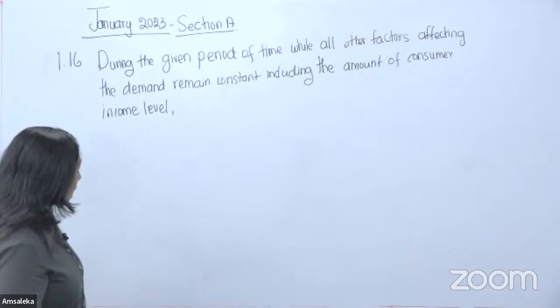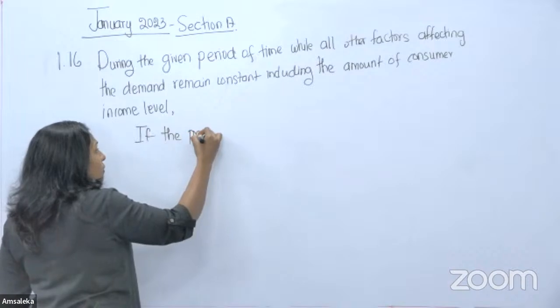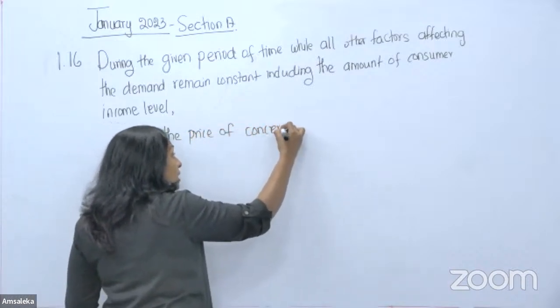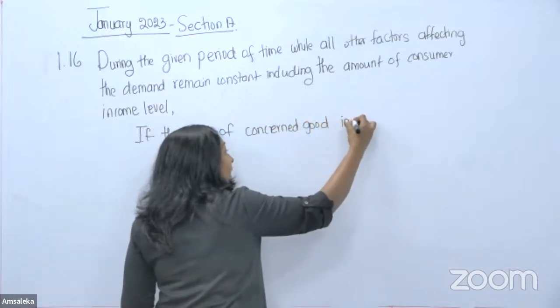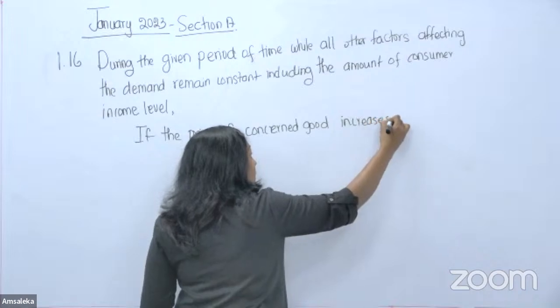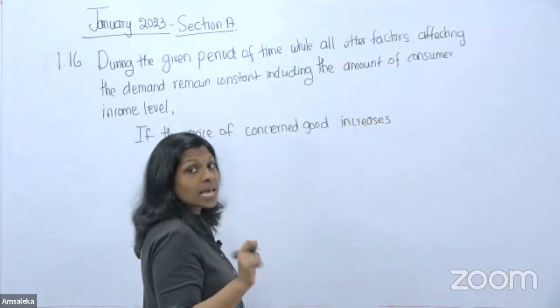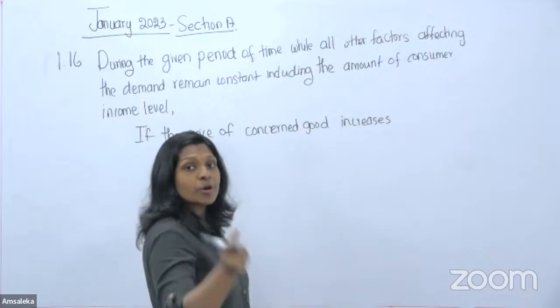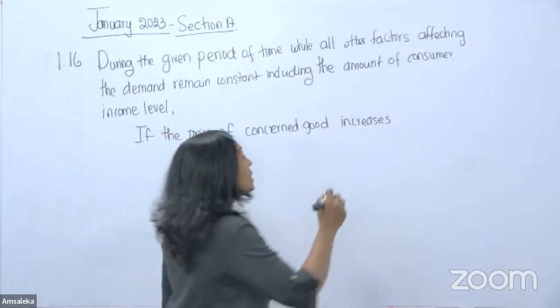if the price of the concerned good increases, so the price of the particular product increases. At that time, even if the consumer income level is not changing, the same amount of money he has, the price is increasing.